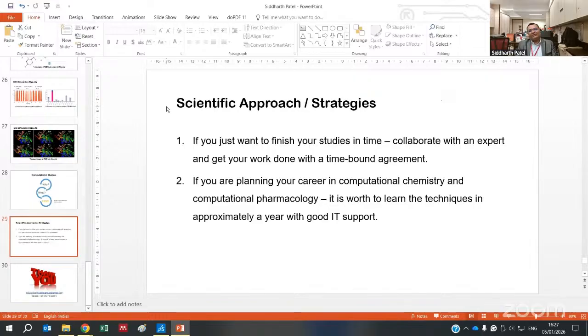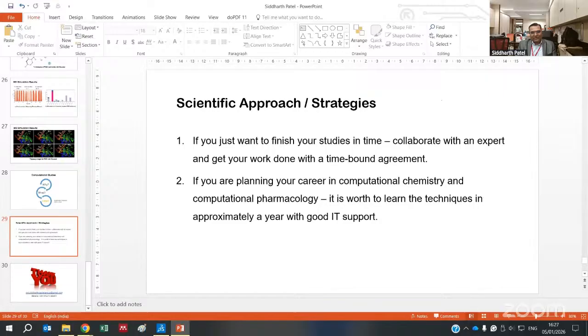So if IT support is good, definitely it will make a difference. So this is the approach for researchers: if you are looking for a career, you can definitely learn it bit by bit.